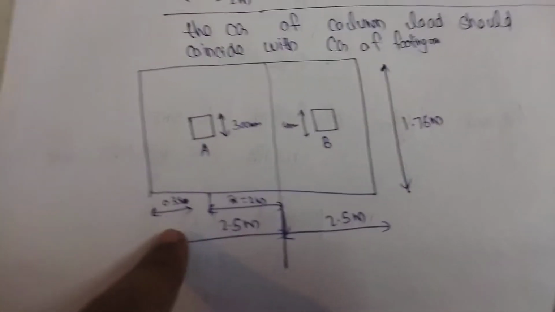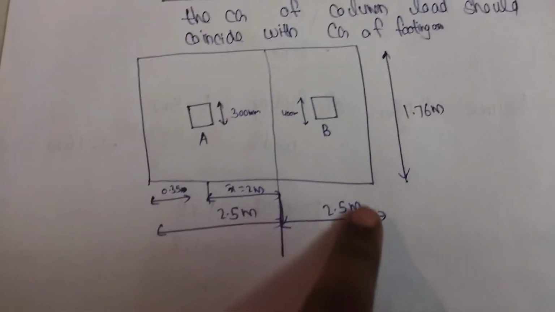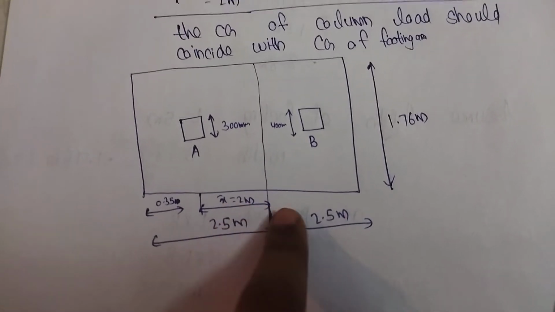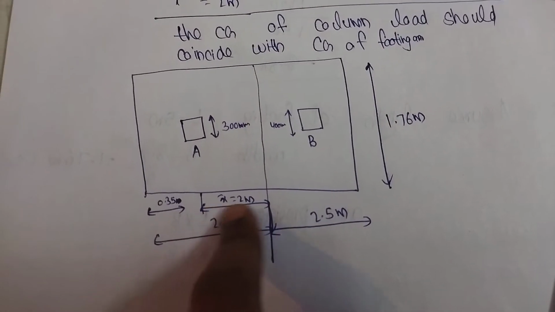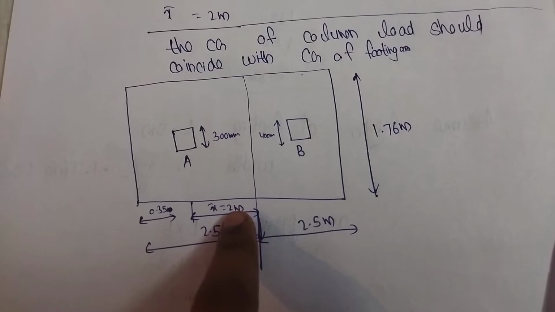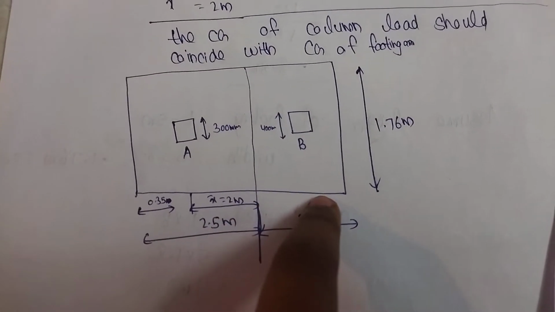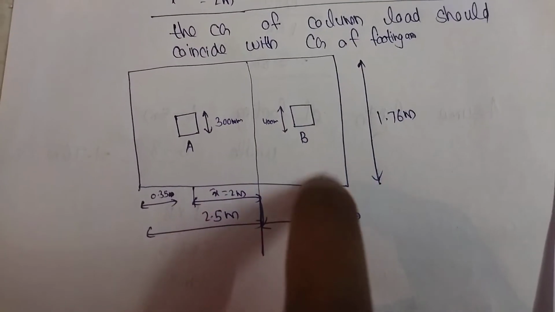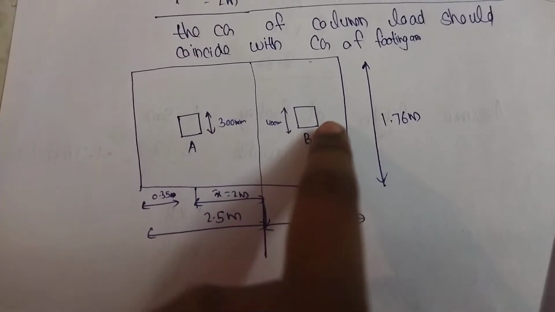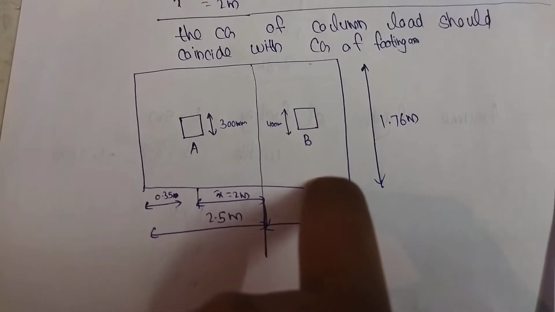1 meter value? We know the center to center distance is 3.4. So this 3.4 minus 2 meter gives the remaining portion of this to this. Then we know that the distance of this column is 400.